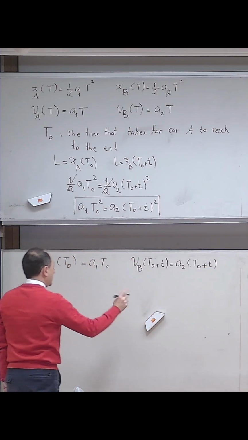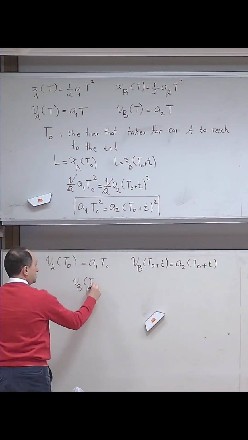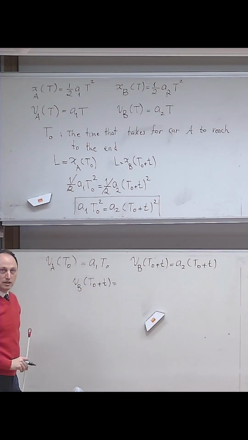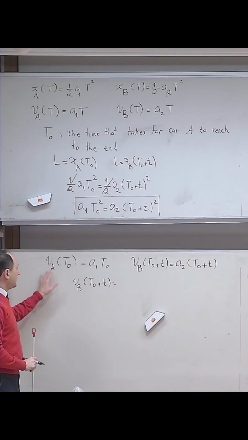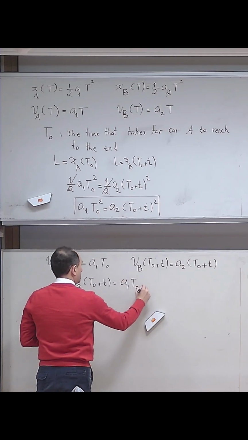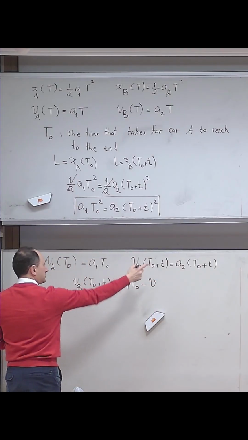And on the other hand, according to the information in the problem, v b at t naught plus t is v meters per second, or any units given in the problem, less than v at t naught. So this becomes a1 t naught minus v. But what is this expression? That expression is this.